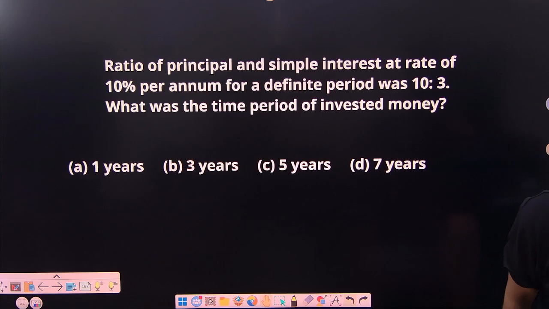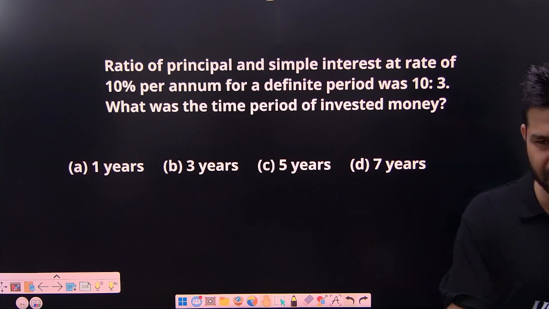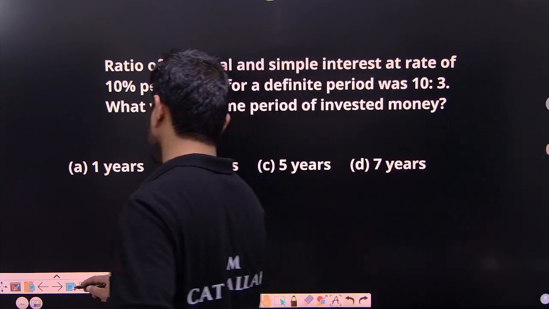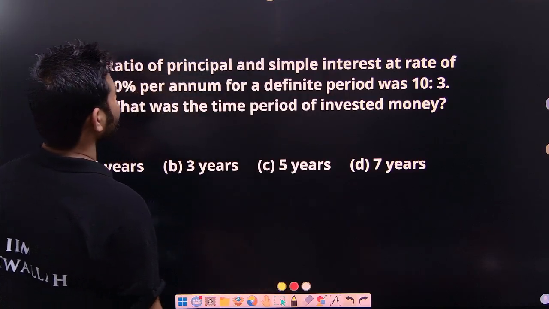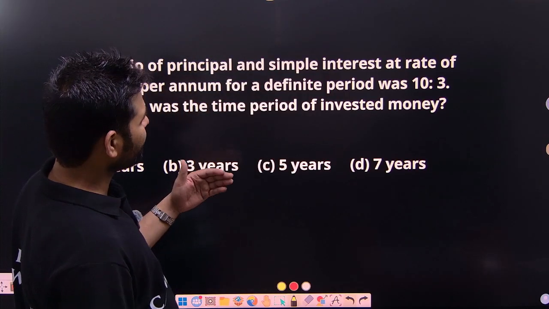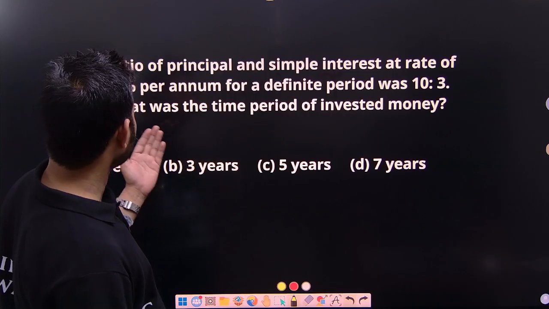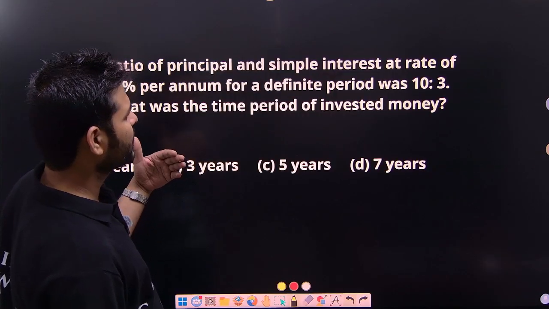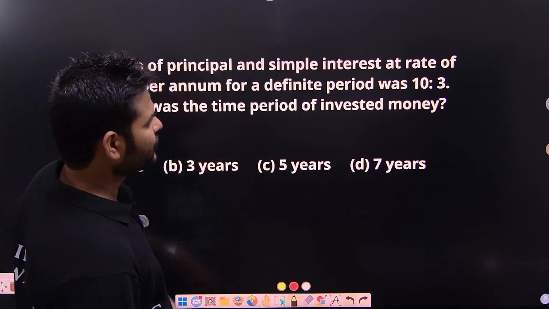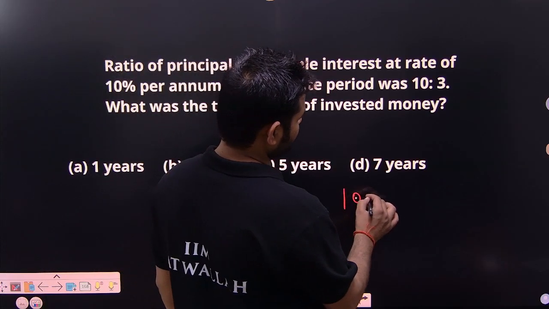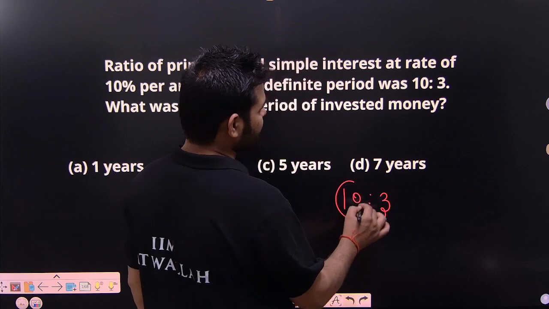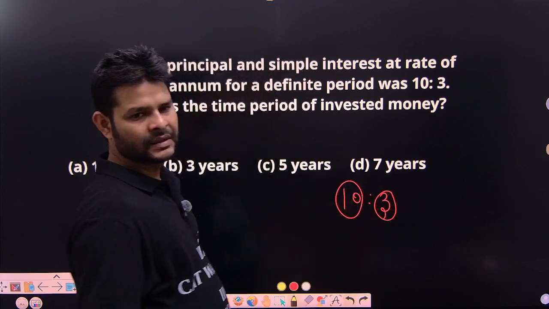Three years, exactly. A simple type, I think. Very easy question. You yourself can hit. We have been given the ratio of principal and simple interest at the rate of 10% per annum for a definite period. So basically, this is principal and this is simple interest.